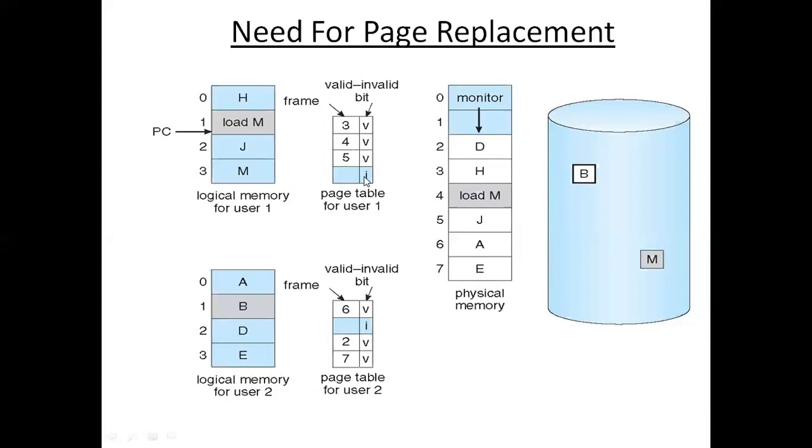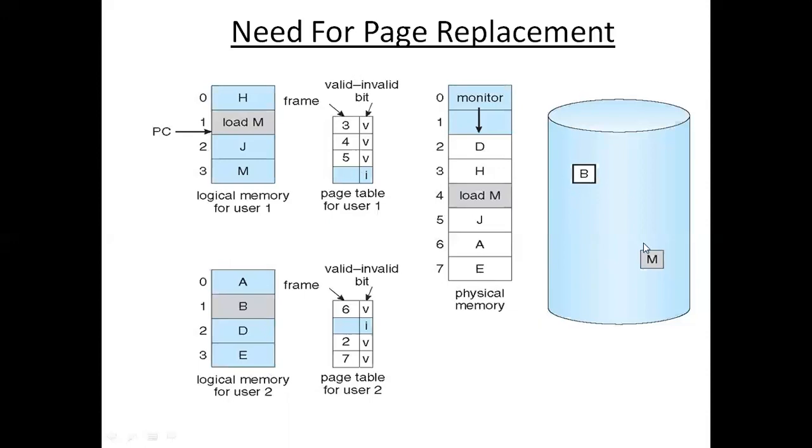And you see there's one invalid bit for page table 1 and one for page table 2. It means if the CPU is executing either process 1 or process 2, it's able to access only 3 pages of both processes. The remaining 2 pages, 1 page of process 1 and 1 page of process 2, are residing in the disk.